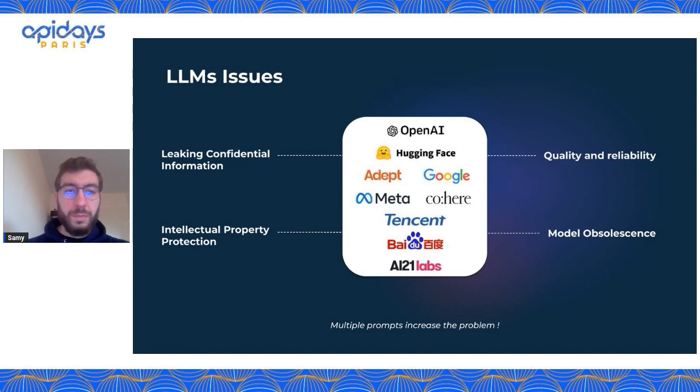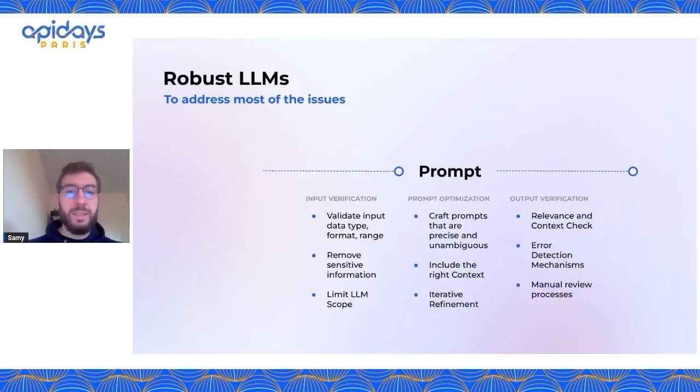So with all of that being said, you still have some things you can do to make your use of this kind of technology and LLMs more reliable. Mainly adding a lot of verification into your integration.